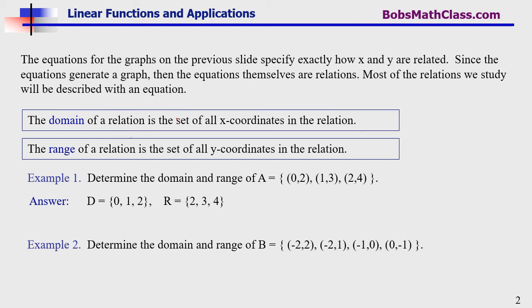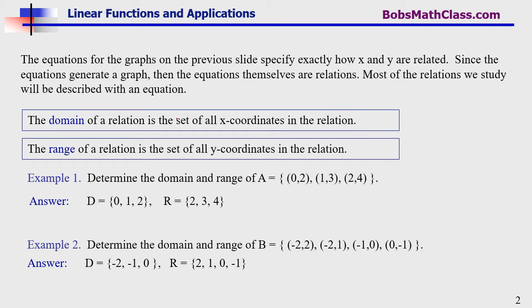Okay, let's do example 2. Same thing, determine the domain and range of B. So the domain is the x values and the range is the y values. All right, so the domain is -2. We don't have to list -2 twice because it appears twice. Just list it once. So -2, -1, and 0.